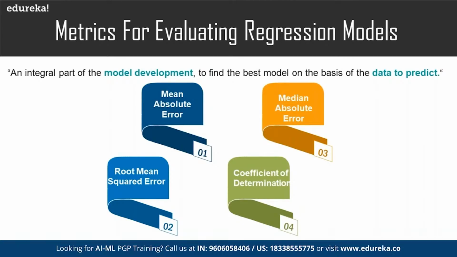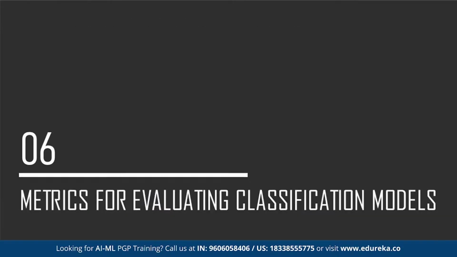So the next one would be metrics for evaluating classification models, and here we will go in depth talking about different types of evaluation metrics, otherwise called performance metrics, also known as error metrics. And we do this for the classification task.